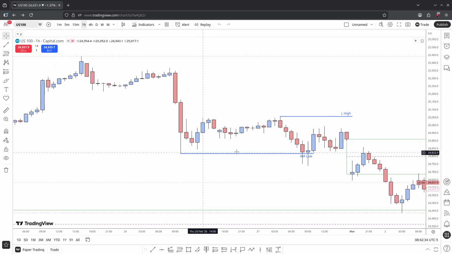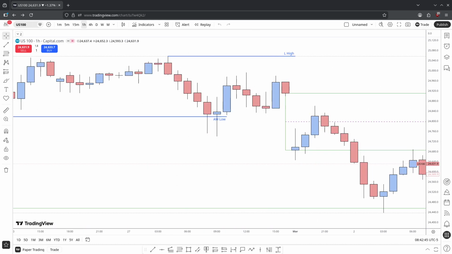Coming into the day, we had this AM low, and we had a London high. And for the calendar of the 27th, we were looking at PPI at 8:30. That was pretty much the calendar.